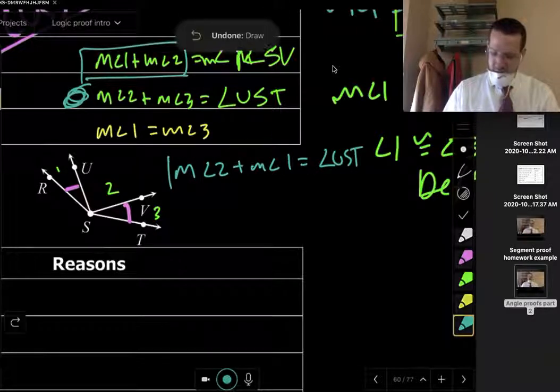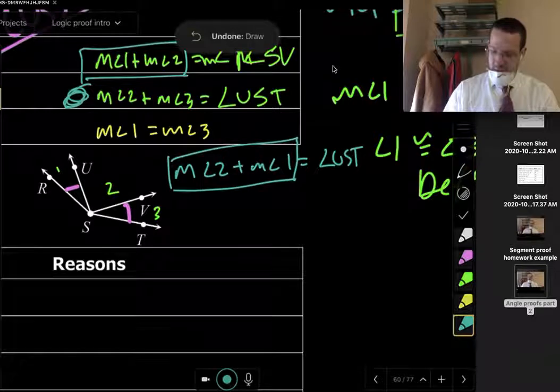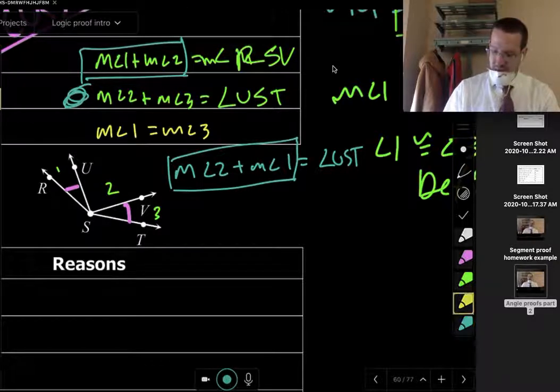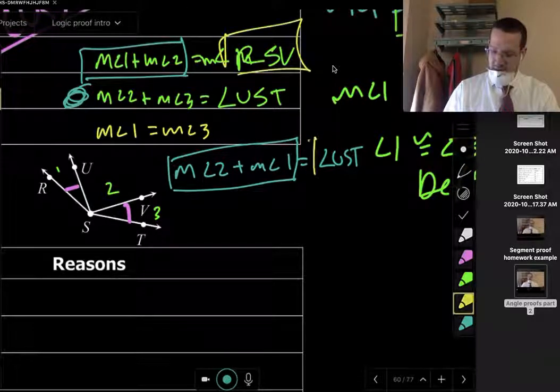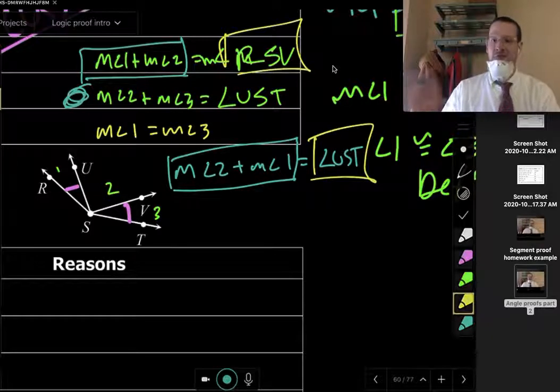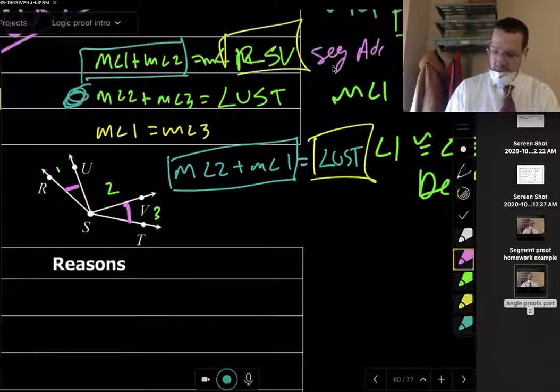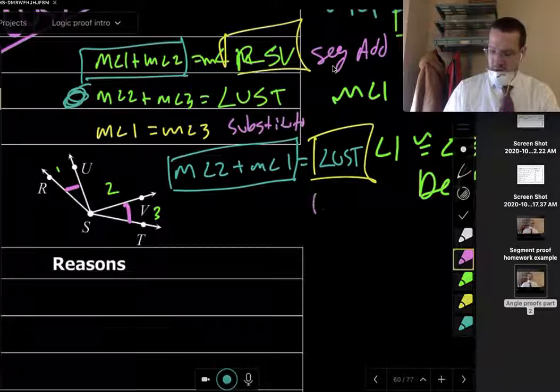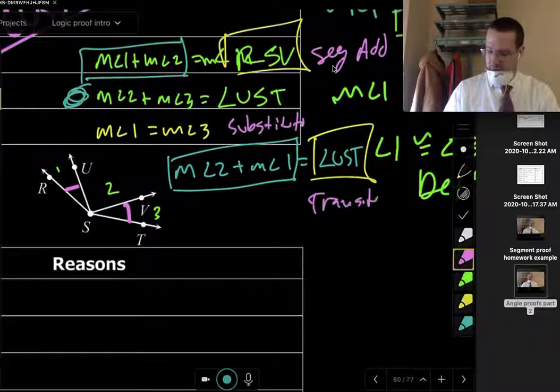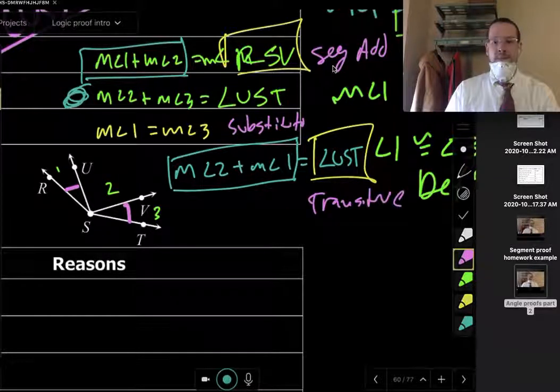Although they are flip-flopped, it's the same thing, right? But this one is RSV and this one is UST. And so that's the transitive property. So what am I going to do here? It looks like I'm going to use angle addition. I'm going to make a substitution. And then I'm going to use the transitive property. So that's what I'm going to do.